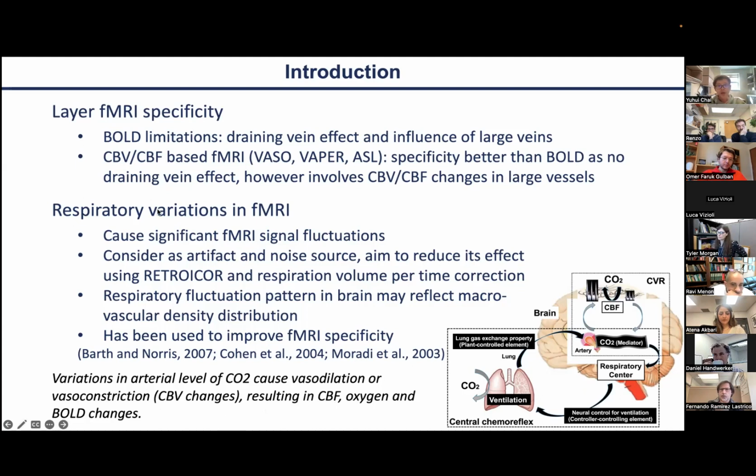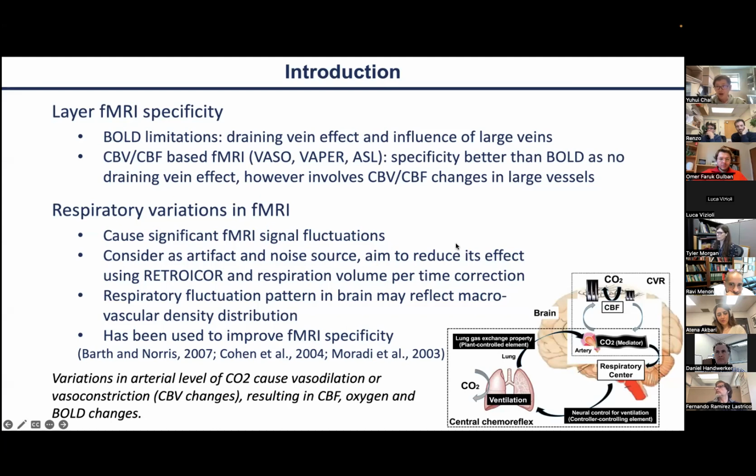So respiration variations in fMRI will cause significant fMRI signal fluctuation, and we usually consider this as noise. There has been a lot of effort, for example using methods like RETROICOR or other correction methods, to reduce this respiration-caused fMRI signal fluctuation.